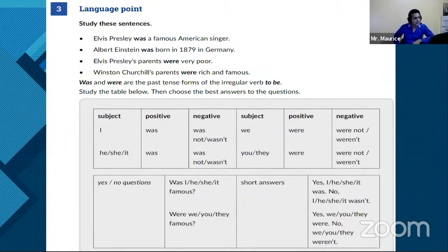Go on. Was and were are the past tense for the irregular verb to be. Okay, stop. Thank you. I appreciate it. Fantastic. Thank you very much for your participation. That's the way. I love it. Thank you.